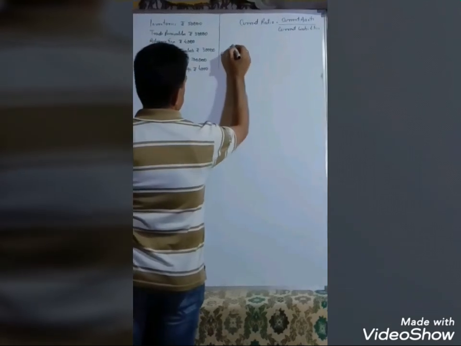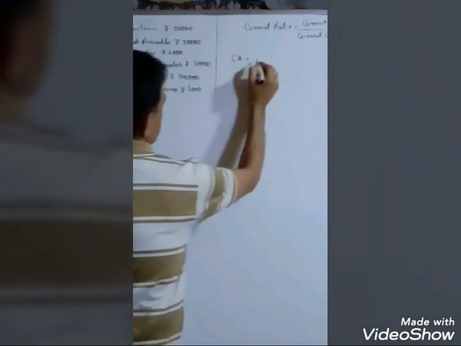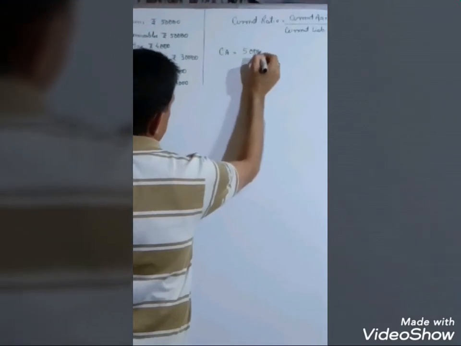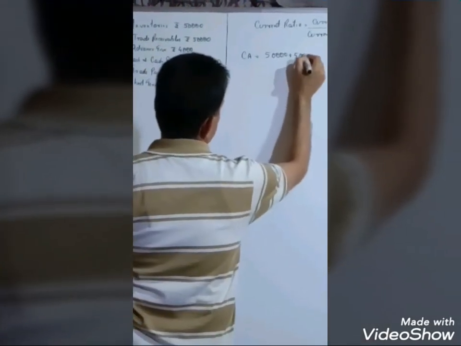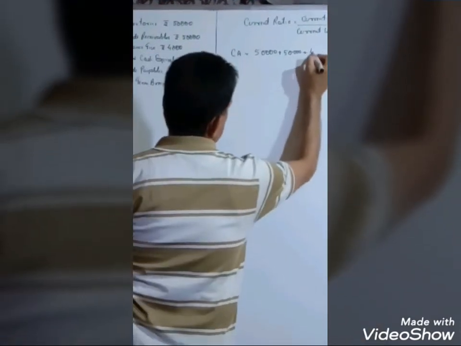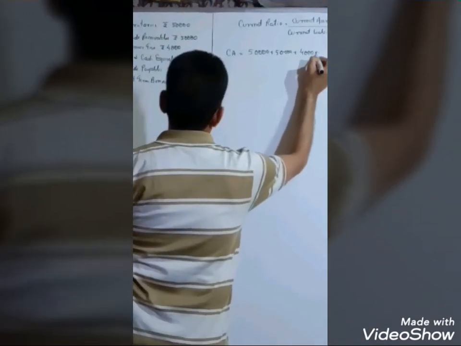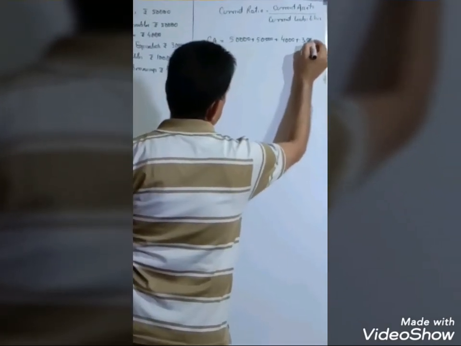Now we have to solve this. Firstly, we have to calculate current assets. Current assets are inventory rupee 50,000, trade receivables also rupee 50,000, advance tax rupee 4,000, cash and cash equivalents rupee 30,000.